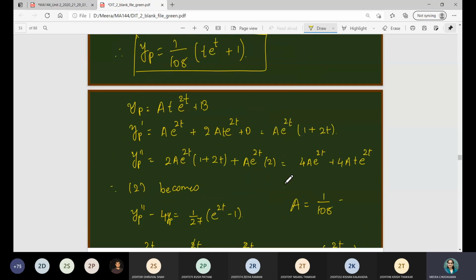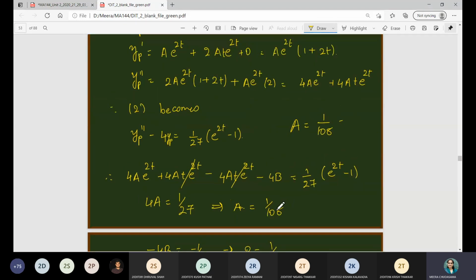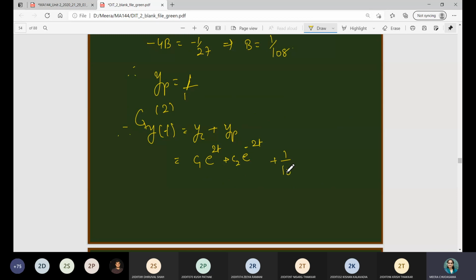And you can write the general solution of 2 as C1 e raised to 2t plus C2 e raised to minus 2t. yp we have obtained as 1/108 t e raised to 2t plus 1.